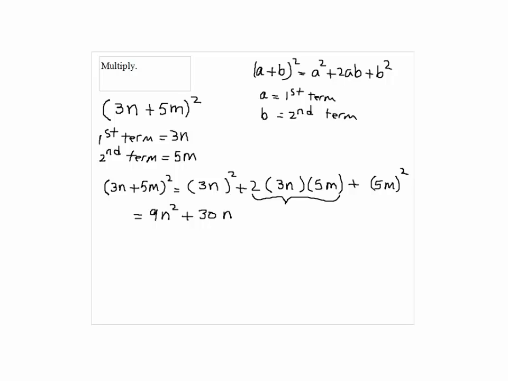So we have 3n squared would be 9n squared plus, multiply these three terms together, 2 times 3 is 6, 6 times 5, 30, nm plus 5m squared, which is 25m squared.